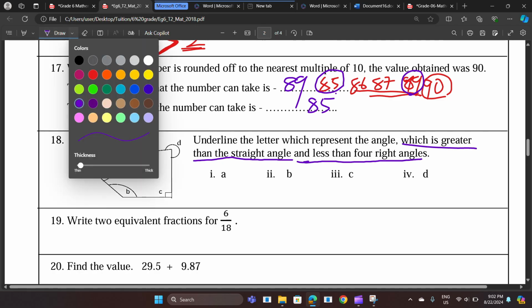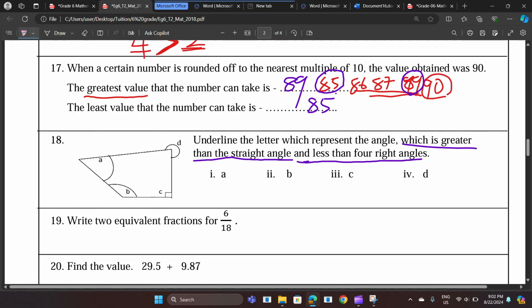Okay, greater than. We have learned, if an angle is greater than a straight angle, what is it? It is a reflex angle, no? You have learned that it is reflex.